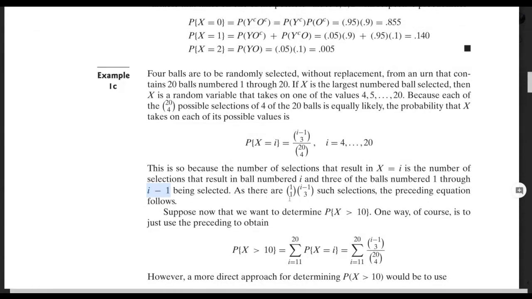So there are i minus 1 choose 3 such selections, and the preceding equation follows.